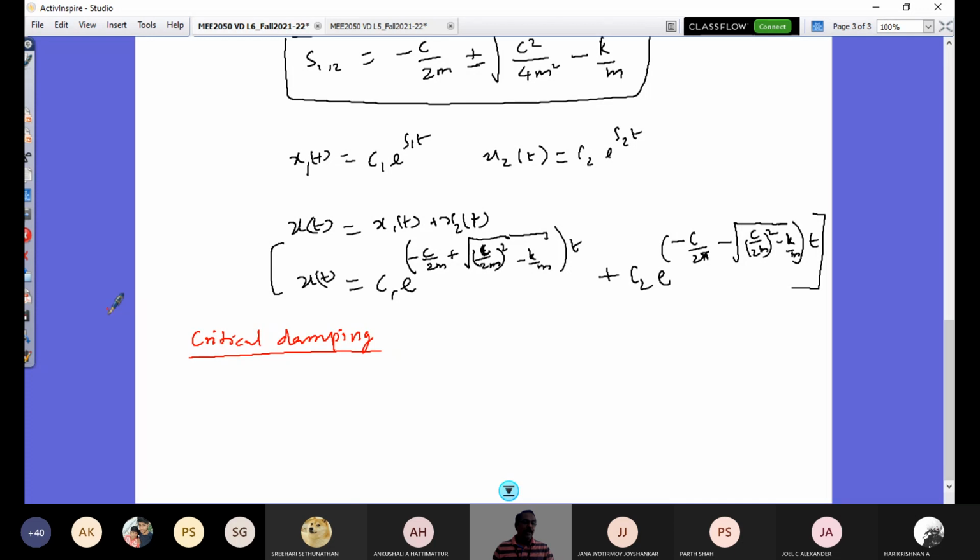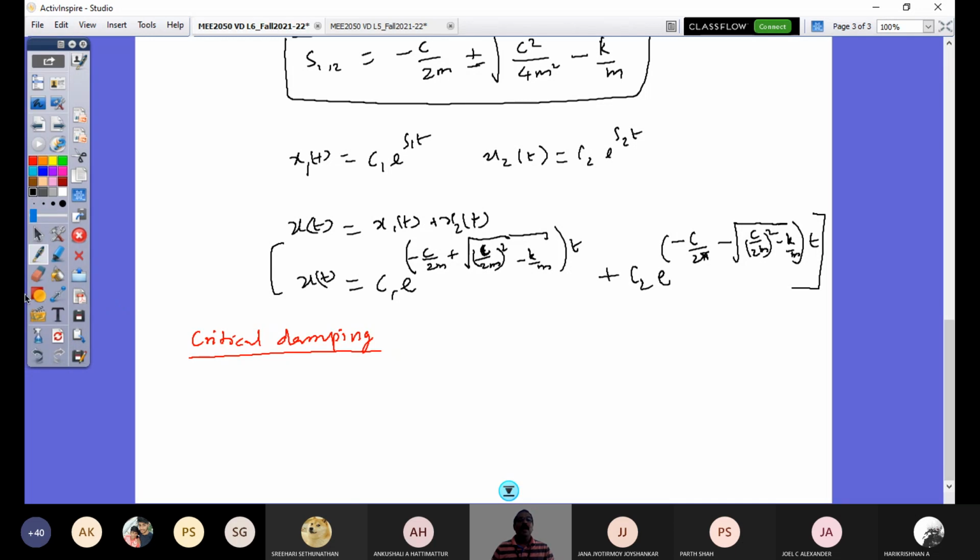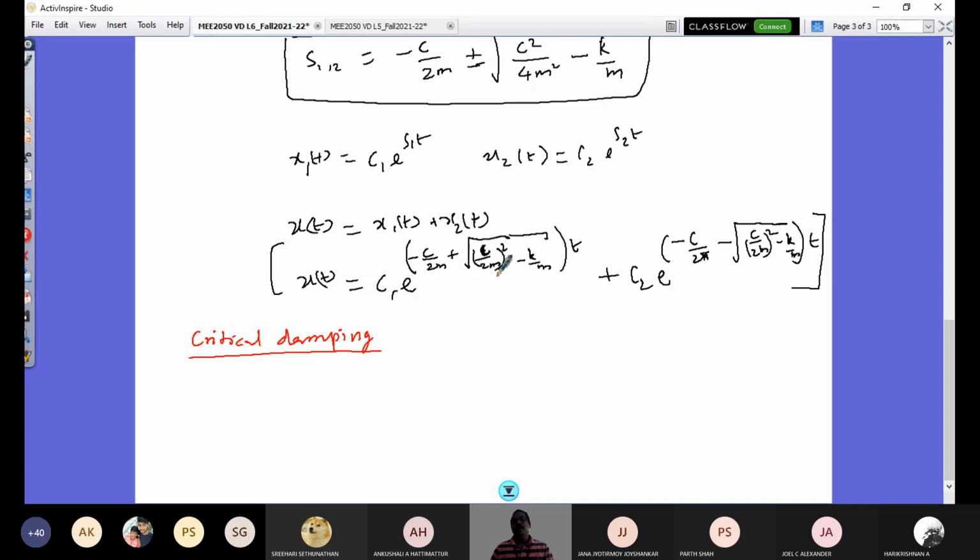The critical damping is the value of damping when the radical sign in this root is going to be 0. If c by 2m whole squared minus k by m equals 0, then this c is going to be c_c. That's called the critical damping, and I represent it by c subscript c.